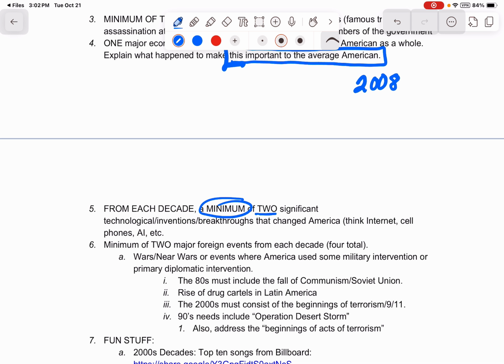And don't forget to talk about Facebook, Instagram, TikTok, X, Twitter, whatever it's called now. Those are all breakthroughs in technology. And I want you to be sure that when you do this, you explain how it changed America.